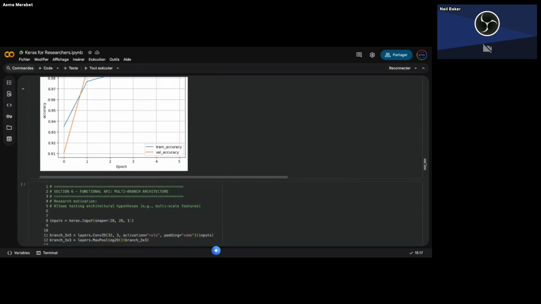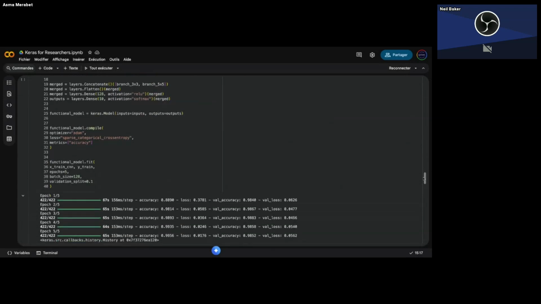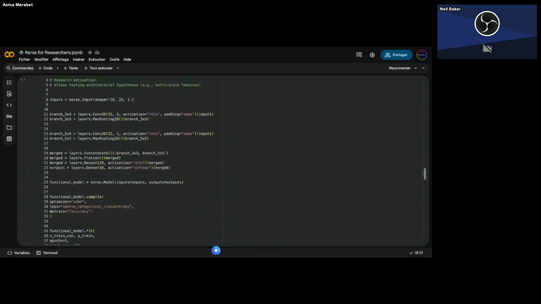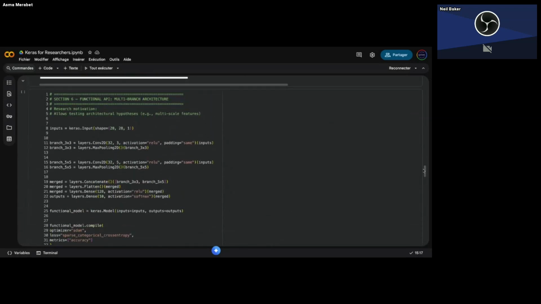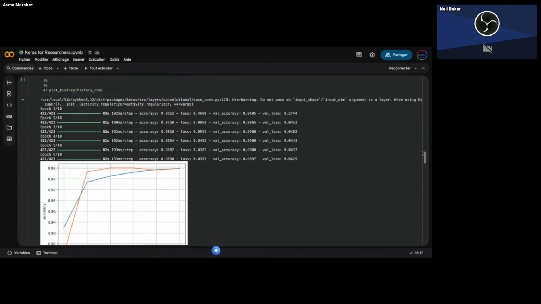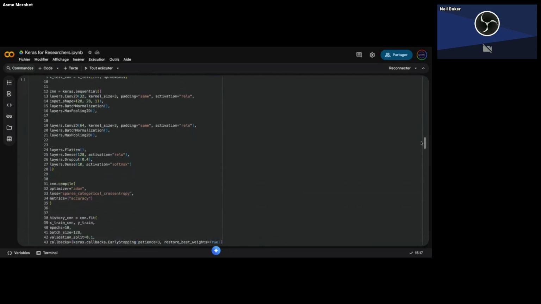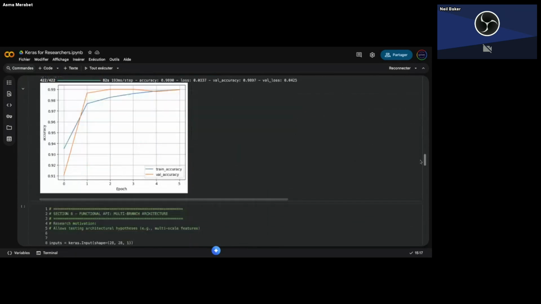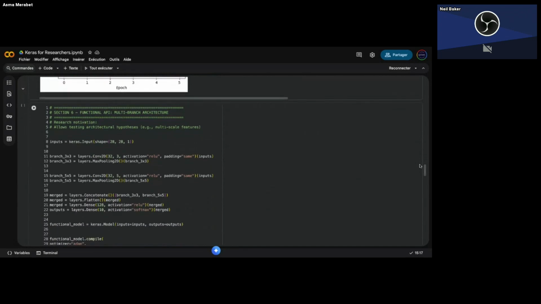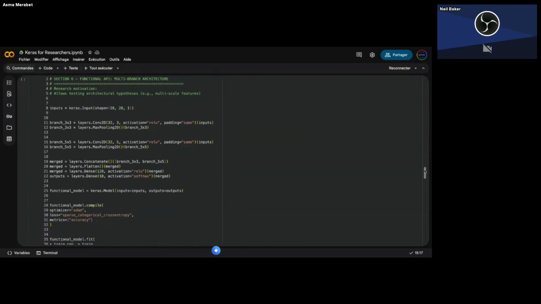And okay, for the last one, this is the functional API. Just a second. Okay. Yes. So for this, the functional API allows the branching and merging of layers.